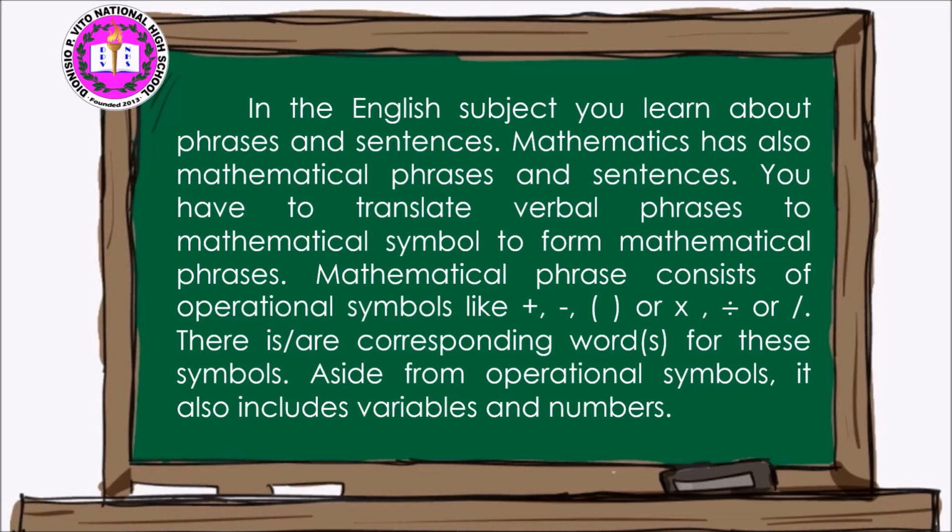Mathematical phrase consists of operational symbols like plus sign, minus sign, open and close parentheses, or multiplication sign, division sign, or slash. There is a corresponding word for these symbols. Aside from operational symbols, it also includes variables and numbers.